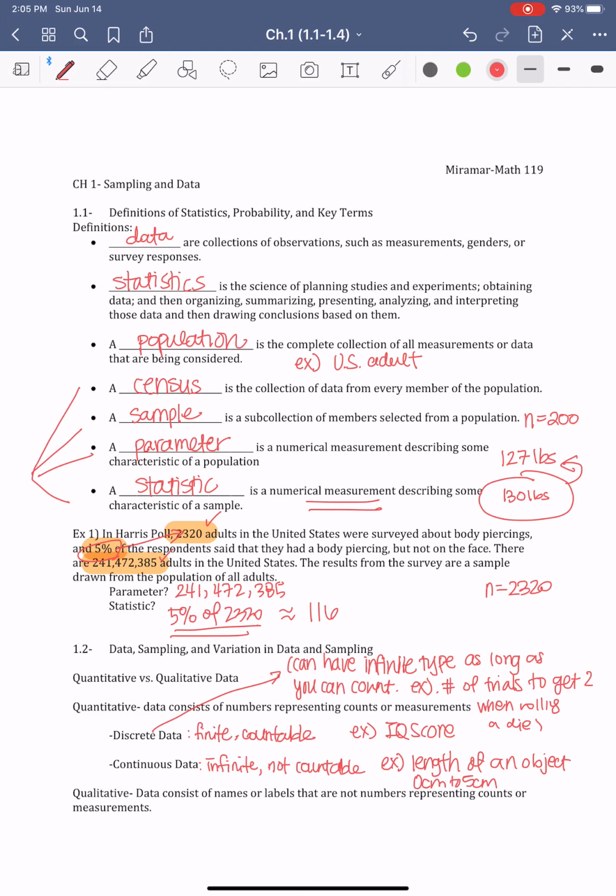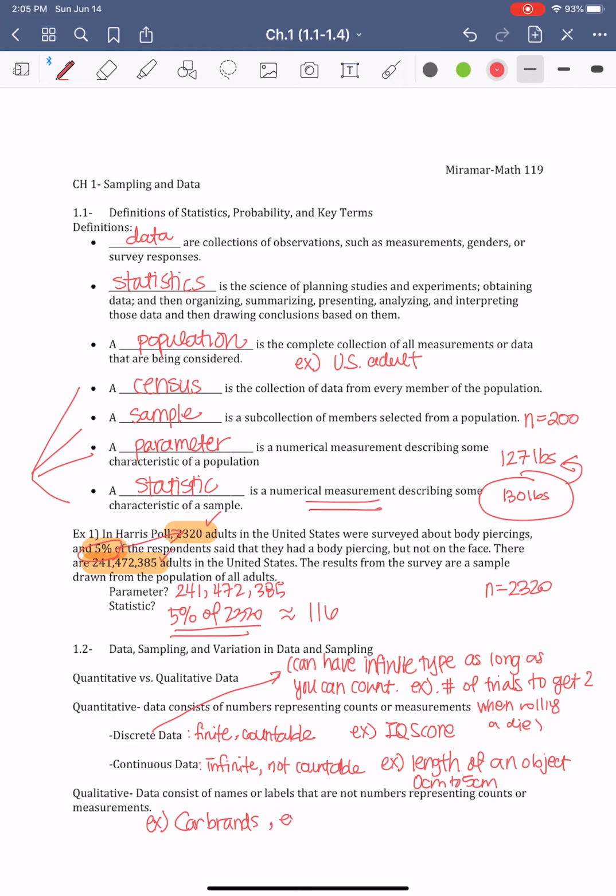Qualitative data is data that consists of names and labels that are not numbers representing counts or measurements. So these have to do with non-numerical names and labels. An example of qualitative data is a car brand. We never use a number. Car brands: Honda, Toyota, Lexus, and so on.